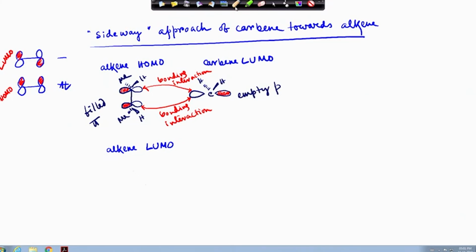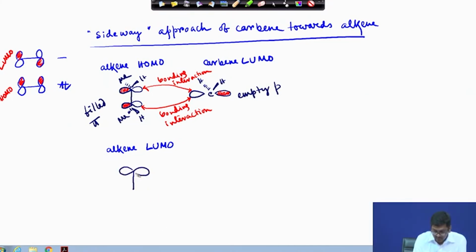We will take the corresponding alkene LUMO, that is this.